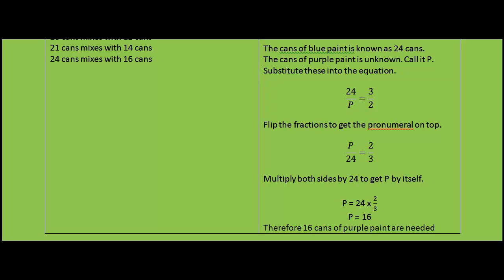To get the P by itself, we need to multiply both sides of the equation by 24. This gives us P by itself on the left, which is what we want. And on the right-hand side, we have 24 times 2/3, which equals 16, which is the same answer as we got previously using the multiples method. Therefore, the painter needs 16 cans of purple paint.